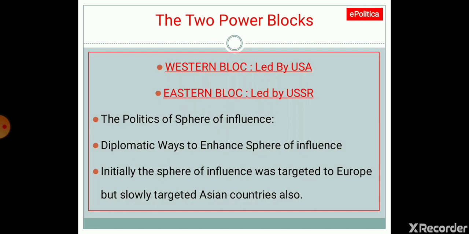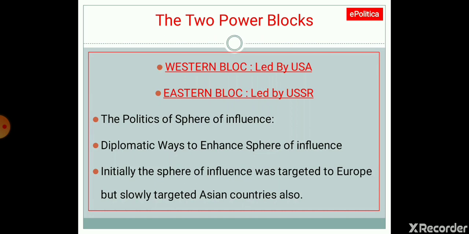Previously, I told you all the powerful countries want to maintain a pressure or maintain a control over the neighboring countries by the means of economic and military sanctions. So therefore, they want to enhance the areas of influence of the countries. And to do so, they try to manipulate or control the internal affairs of the smaller countries and try to dominate them through different means.